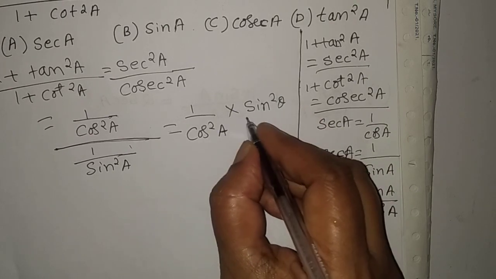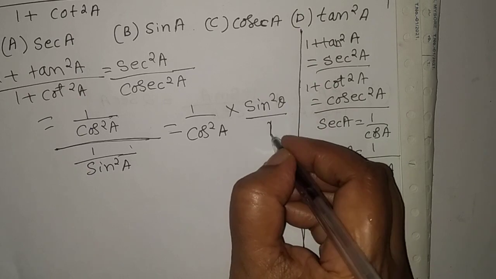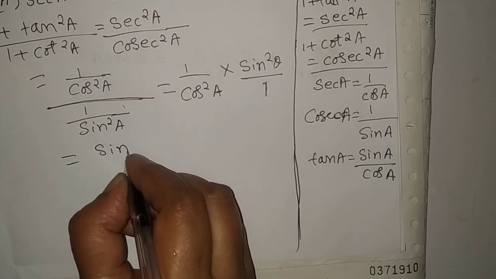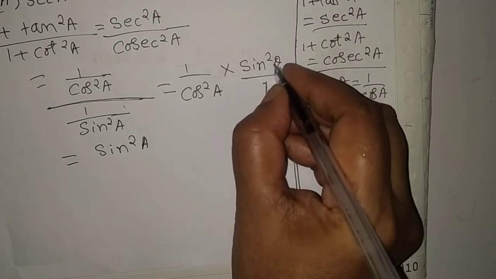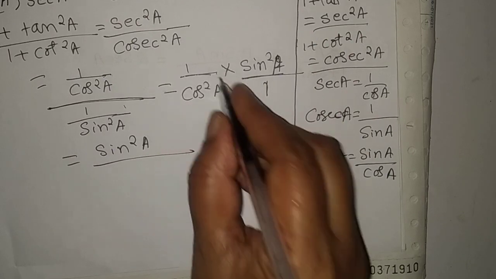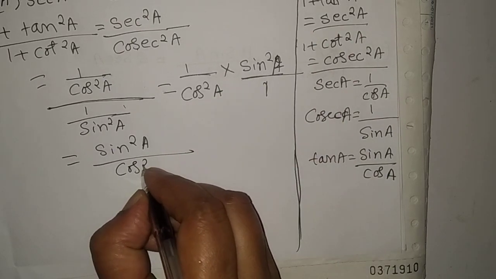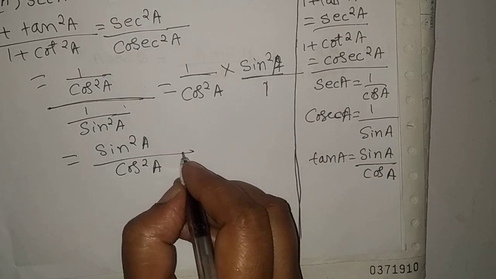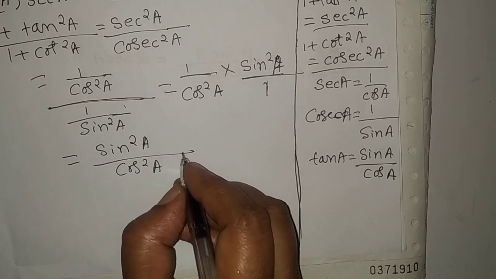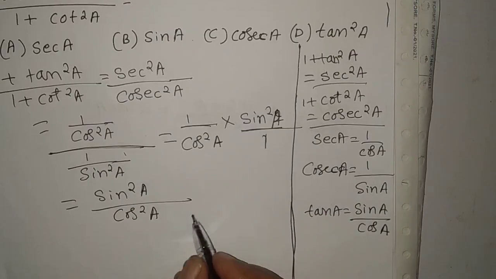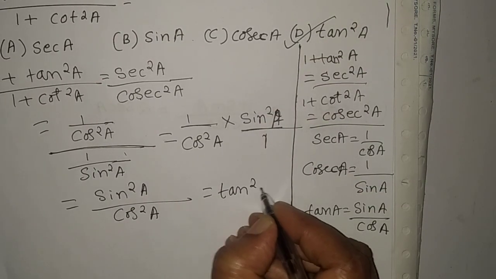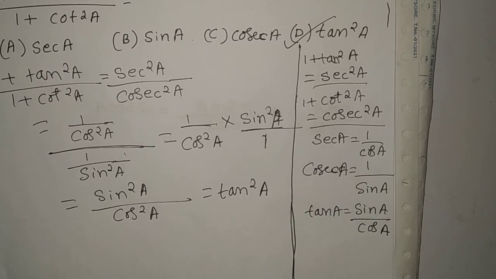When we simplify, we get sin square A by cos square A, which is equal to tan square A. So the correct option is option D, tan square A. So this is the solution.